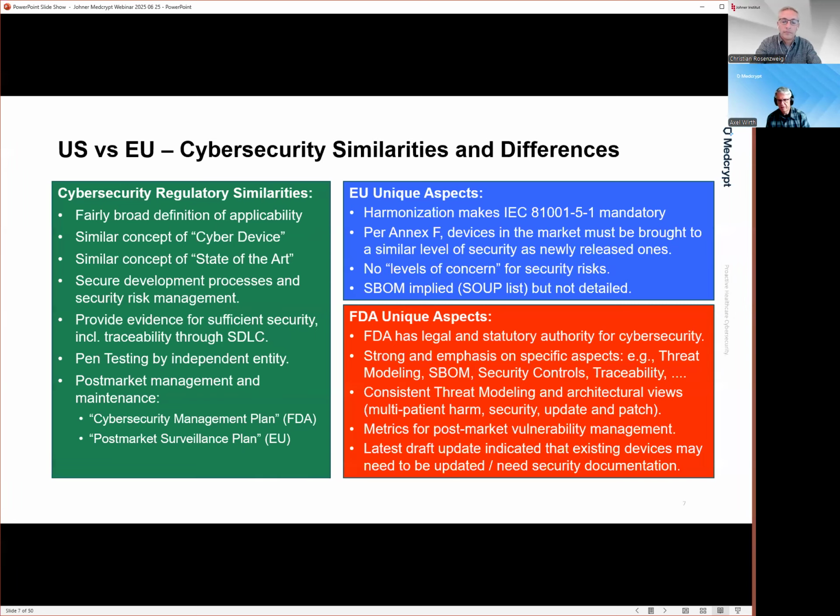And in that draft, they were talking about the need for update of devices that have previously been cleared for the market, so that if there are updates to devices that don't have security documentation because of their legacy status, that may now be required for a renewal of market approval. But again, that was just in the draft. We have not seen the final document from FDA, so we need to wait for that before we can make decisions there.